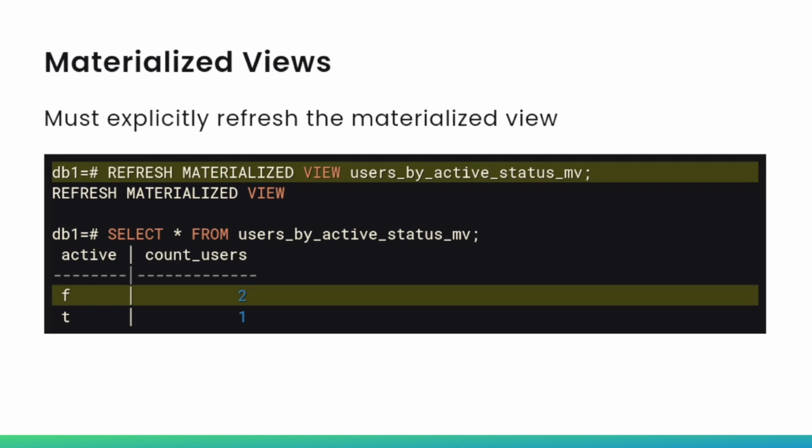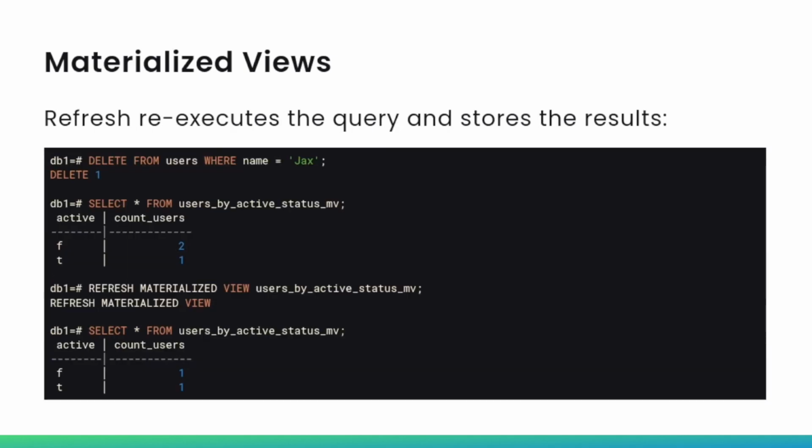Only after I do that, you see that I can query the table and the data is up to date. So this is extremely important to understand about materialized views. They are not updated automatically. You need to explicitly refresh them. And whenever you refresh them, Postgres will go and re-execute the query and store the data in the table.